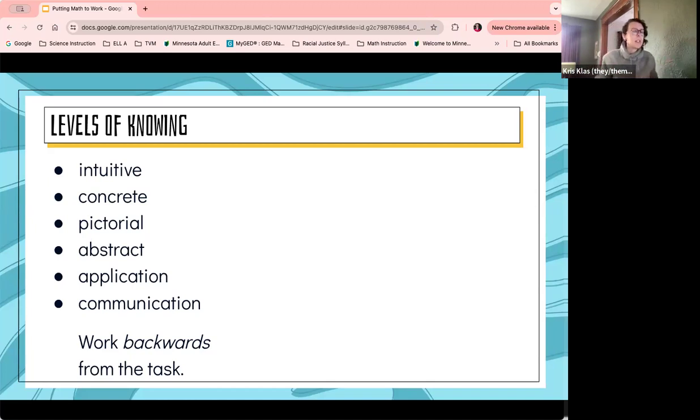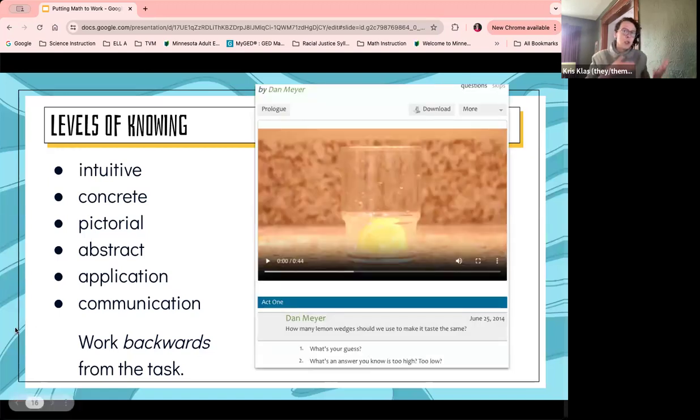The concrete level is much more hands-on, and we didn't do this in class. I think ideally the concrete level you would actually do it. But we watched this video from Dan Meyer. It's a 3-act math task where he makes lemonade with a lemon wedge and a certain amount of sugar and a certain amount of water.